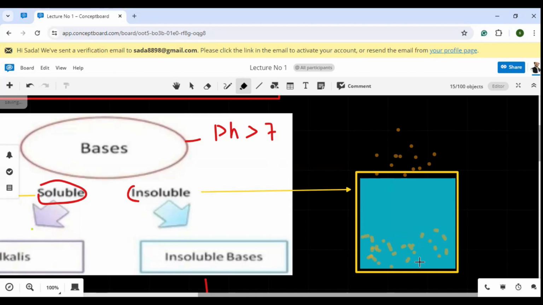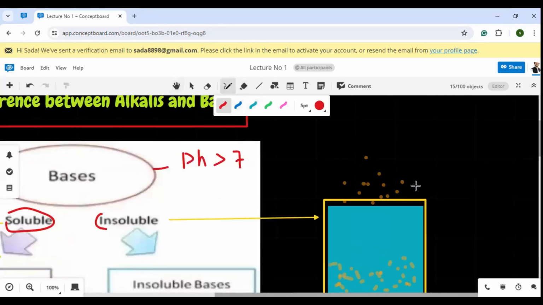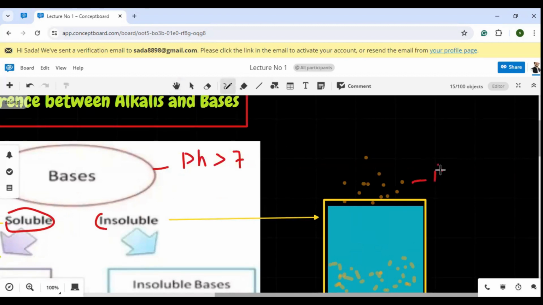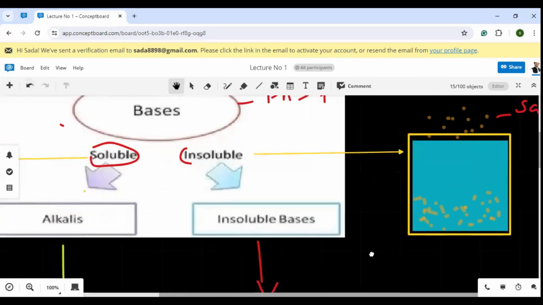The sand does not have the ability to dissolve in water, so we can say the sand is insoluble. These represent the sand particles. We do not get any solution when we add sand into water. So this is what we call soluble and insoluble.